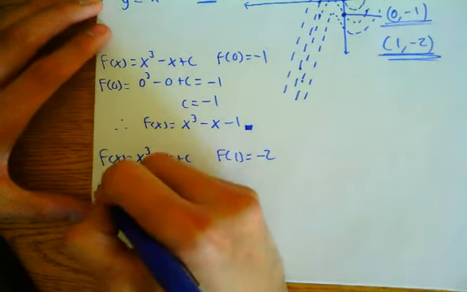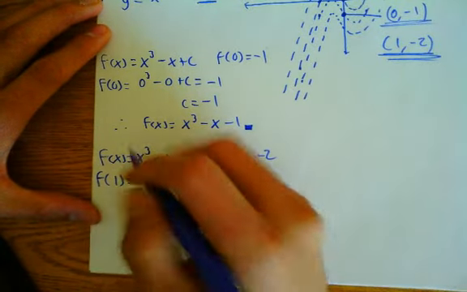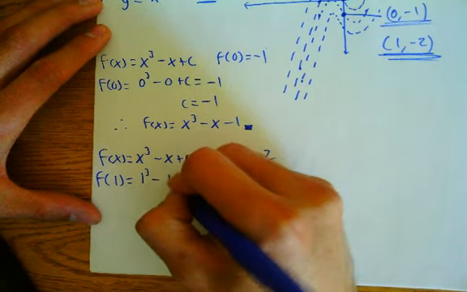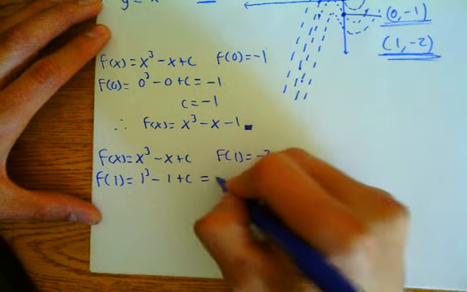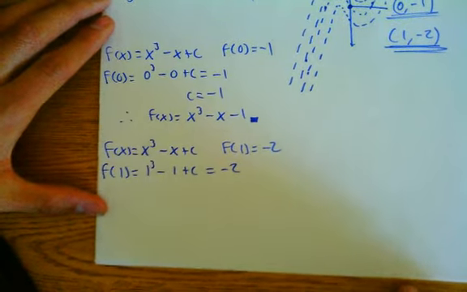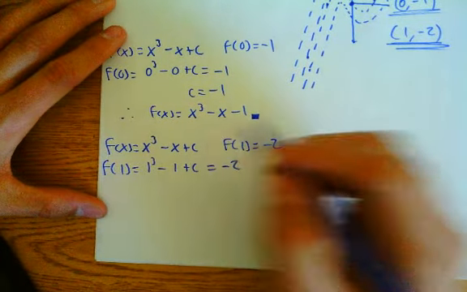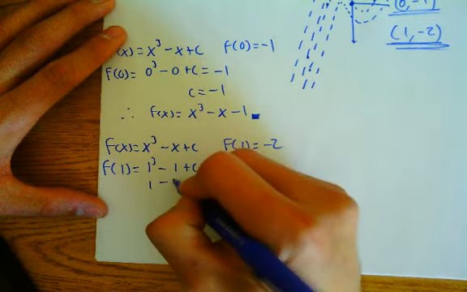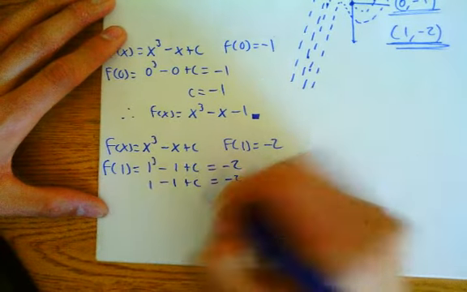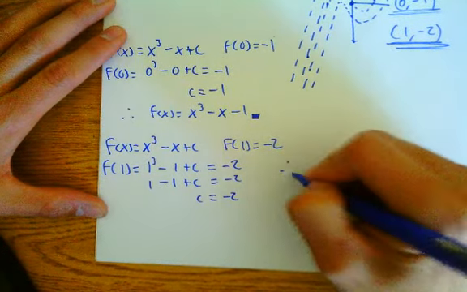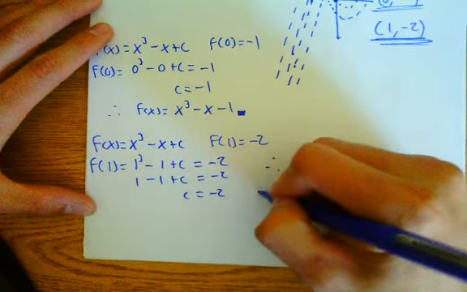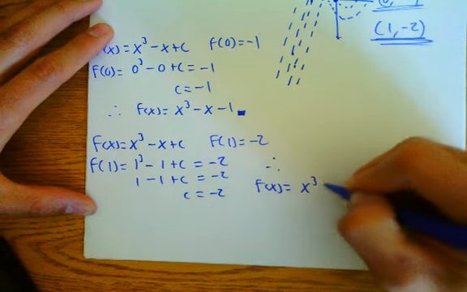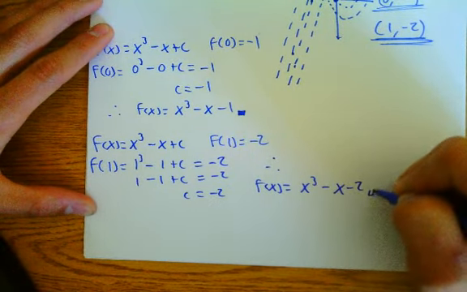Yes? So repeat the process. f of 1 is equal to 1 to the third power minus 1 plus c, and that's got to be equal to negative 2. Yes? 1 to the third power is 1, minus 1 plus c equals negative 2. Therefore, c is equal to negative 2. And therefore, f of x equals x to the third power minus x minus 2.